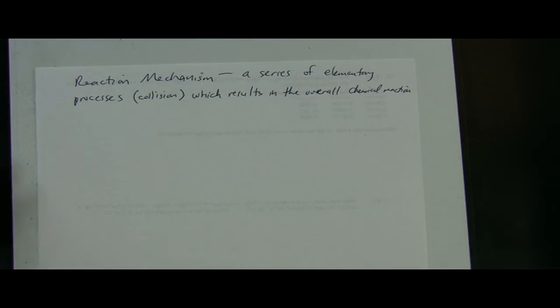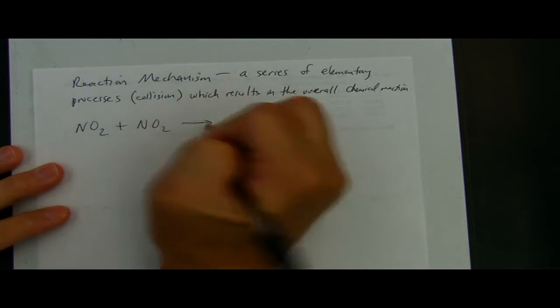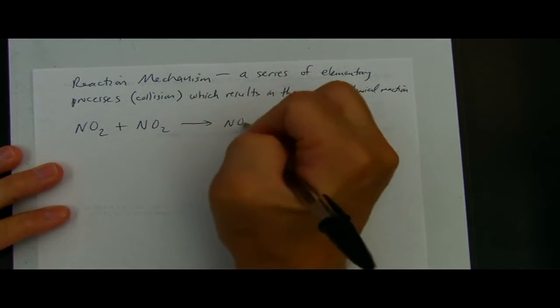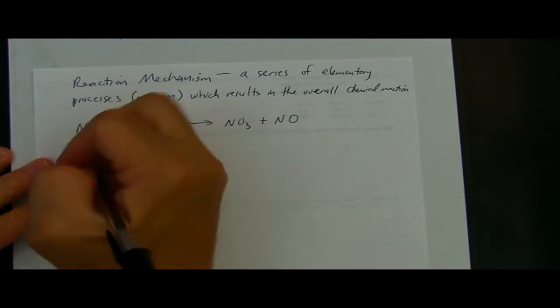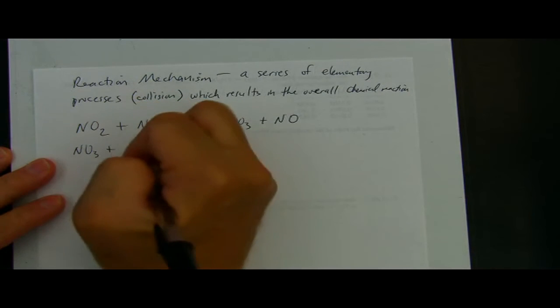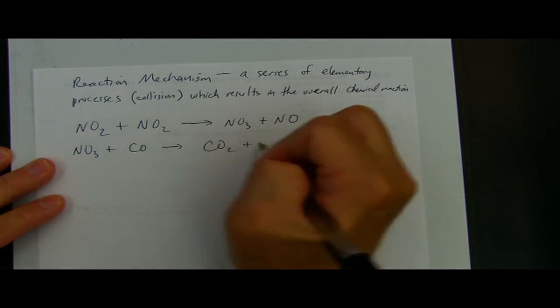So, an example of a two-step mechanism. NO2 plus NO2 goes to form NO3 plus NO. That's the first elementary process. Then the NO3 reacts with CO to form CO2 plus NO2.